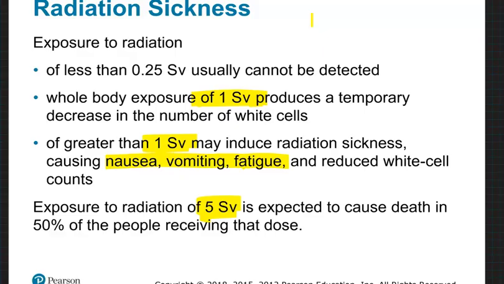Fatigue and reduced white cell counts. Your bone marrow is damaged, so you have a reduction in both red and white blood cells. They don't mention skin lesions. Skin contains pretty fast dividing cells as well, so extreme exposure can result in skin lesions too.